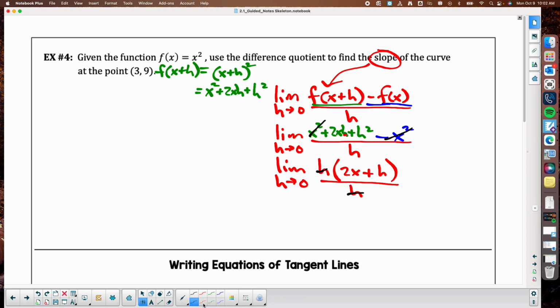And then with all I have left, I am able to plug 0 in place of h now. And so I would write 2x plus 0. And my derivative, or slope at any x value, I'll probably write that up here.